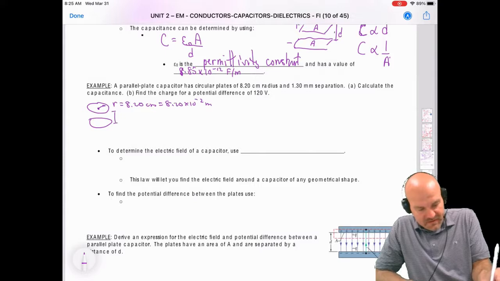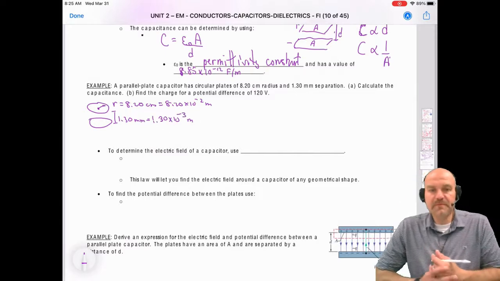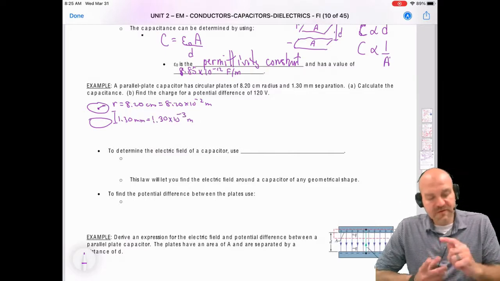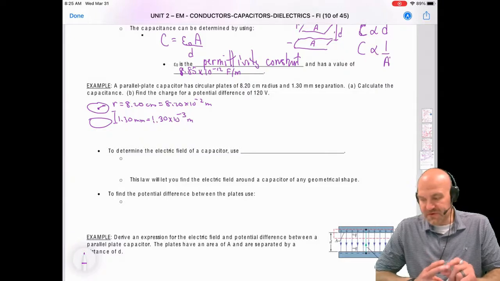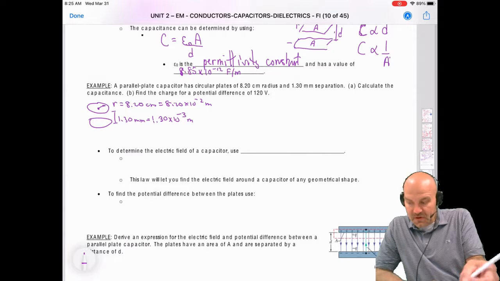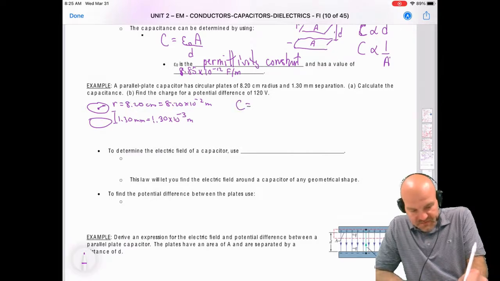And they're separated by a distance of 1.30 millimeters, which is 1.30 times 10 to the negative 3 meters. Okay, so we're going to find first the capacitance, and then second the charge if there's a potential difference of 120 volts.